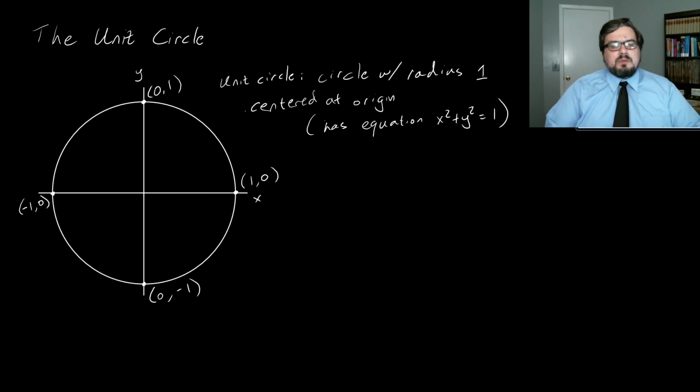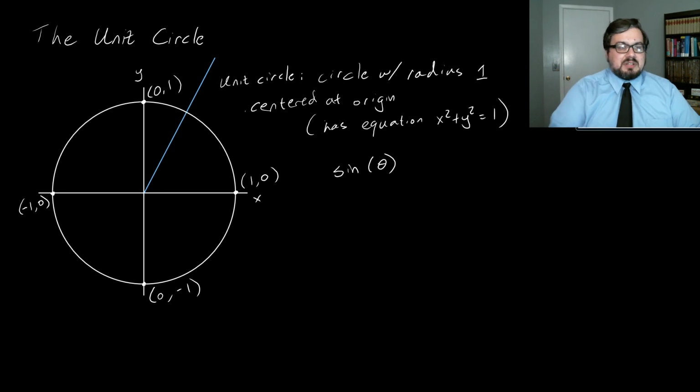And now what we can do is look at what we get if we want to take sine of some angle theta here. Well, as we saw last time, we can do this in the following way. We can look at the terminal side of such an angle. So maybe theta looks like this.